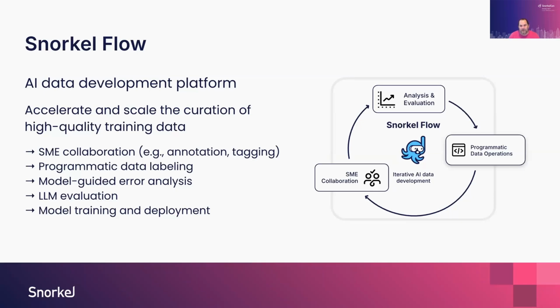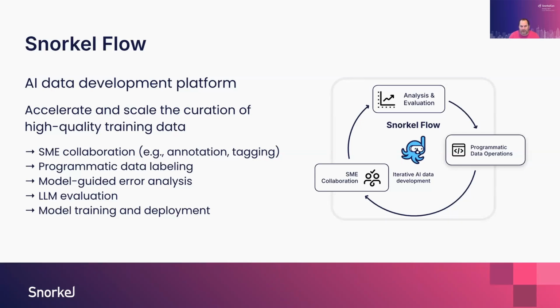But if we think about some of the features involved, some of the mechanics, part of it is streamlining collaboration with SMEs, right? Whether they're doing some manual annotation or they're adding tags and comments, it's important to get SME input and feedback in this process. Pragmatic data labeling is really the magic, right? Instead of having SMEs spend hours or months manually labeling everything, we have this notion of labeling functions, which allows us to label an entire data set at once based on SME logic.